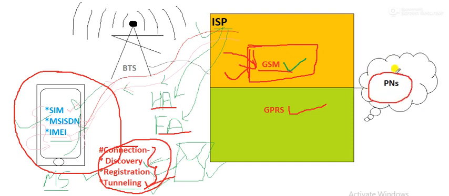Public networks can be your PSTN, or they may include ISDN, or your data networks also. I'll come to that point. I thought it would be better to first remind you of those points, so I hope you have understood the initial points related to the GSM.